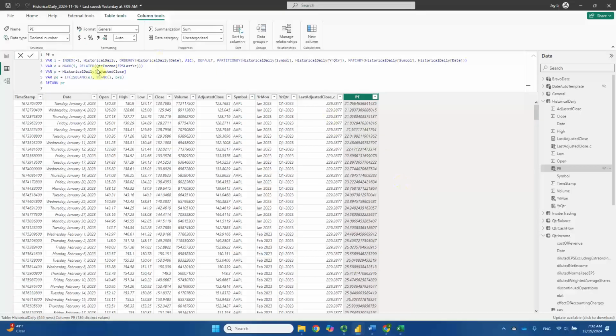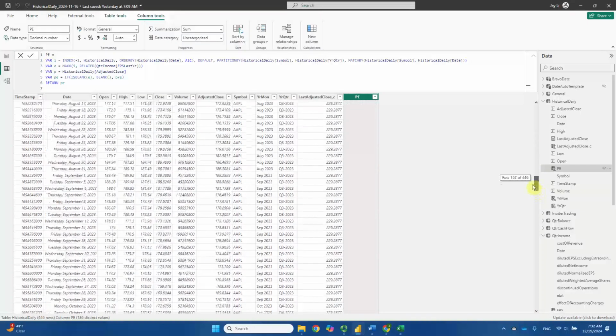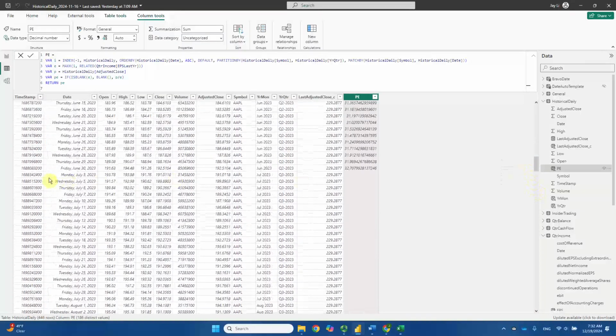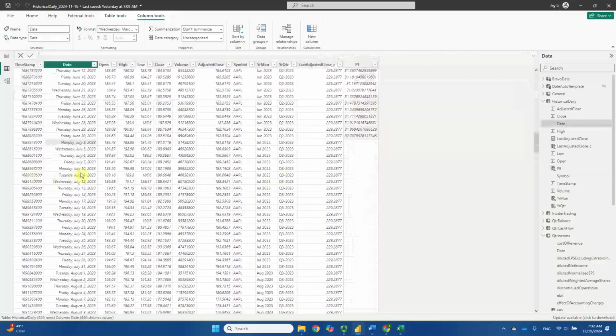Okay, so here realize in the first step we take the last trading day of this current stock in the current quarter. Let's take a look at the first row where we have this missing PE ratio.